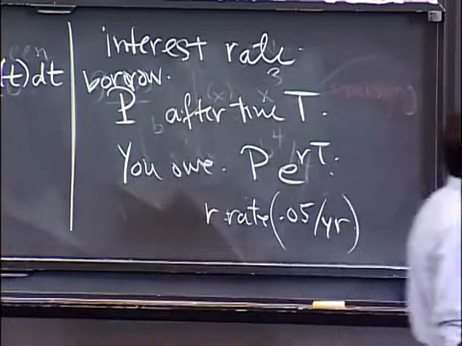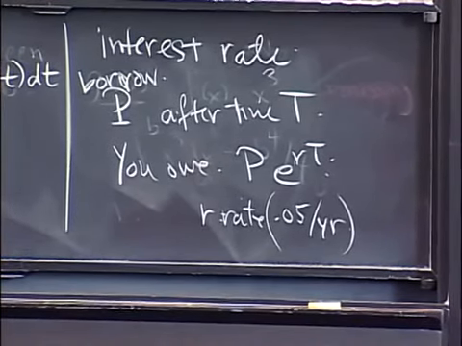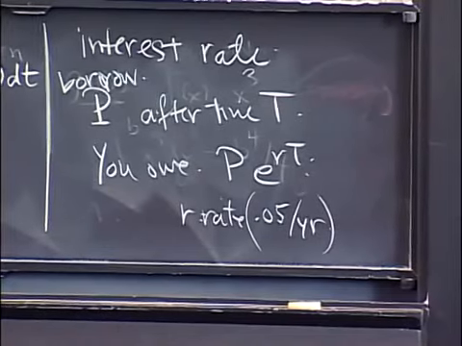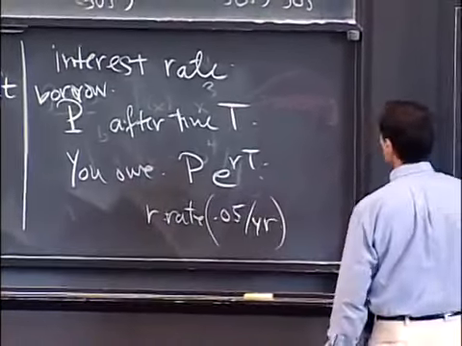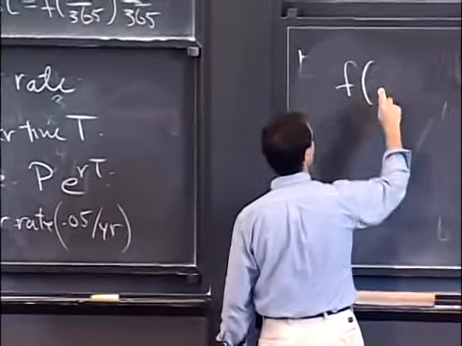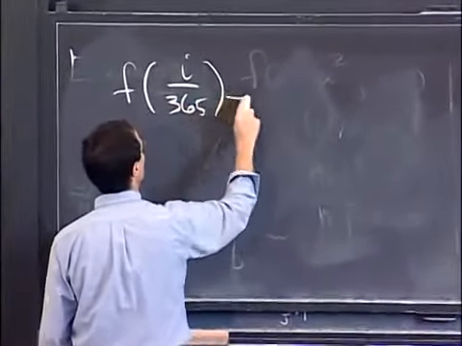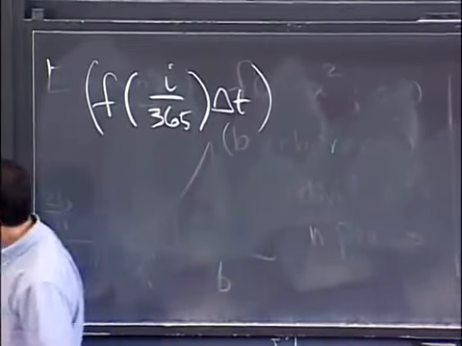And so, if you want to understand how much money you actually owe at the end of the year, what you owe is, well, you borrowed these amounts here, but now you owe more at the end of the year.